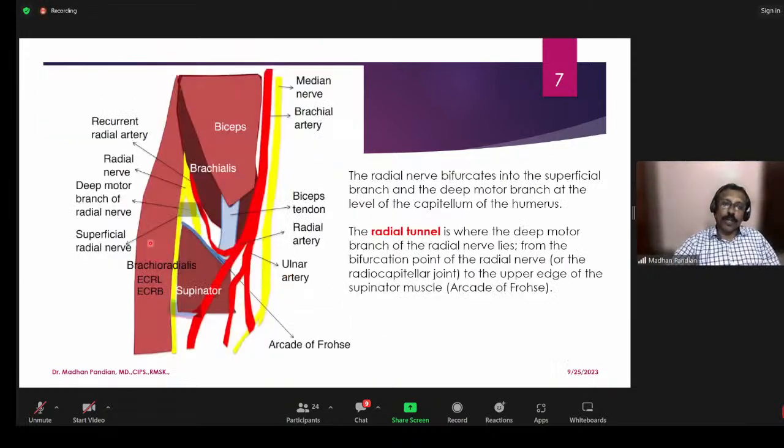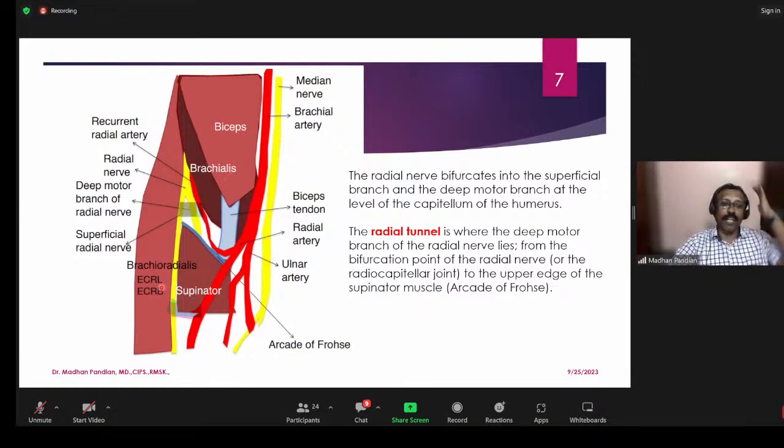This is to explain the boundaries of the radial tunnel. You could see the radial tunnel starts from here and ends at the proximal level of the supinator. Here, you could see a couple of branches, the deep motor branch and the superficial sensory branch. This basically has the boundaries like this. Medially, it has the biceps and the brachialis.